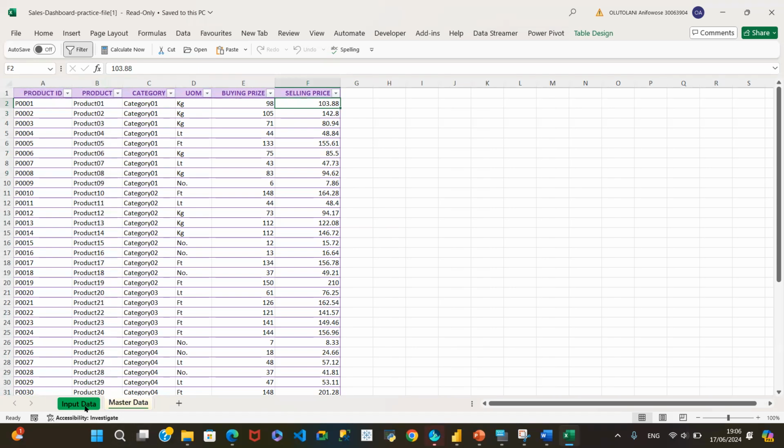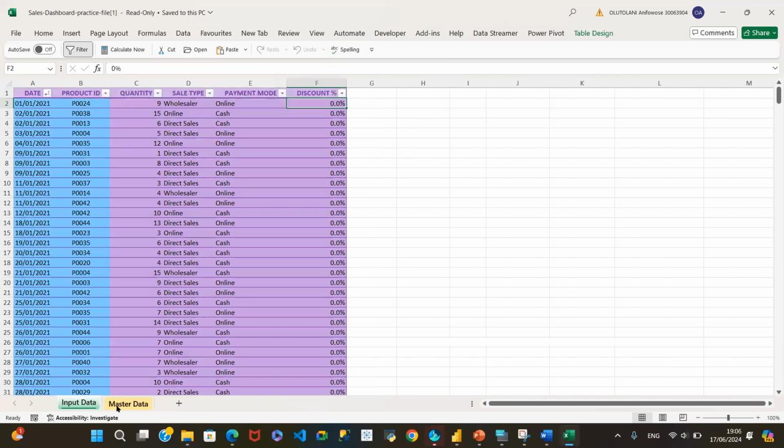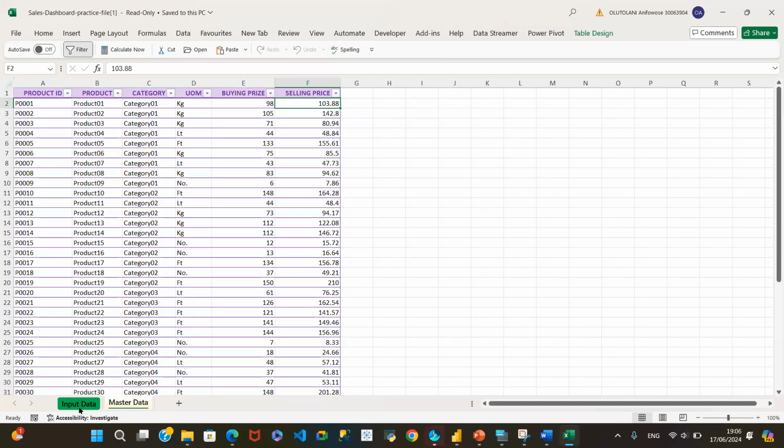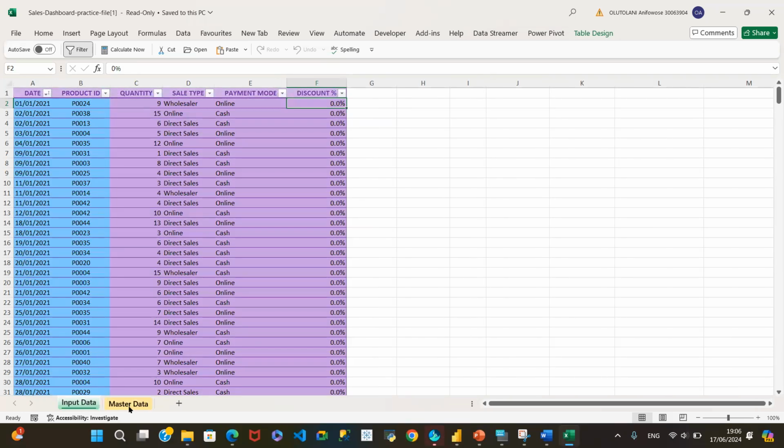So from our knowledge of fact table and dimension table, what can you tell me about these two tables that differentiates the two, using the concept of fact table or transactional table and dimension table or lookup table?